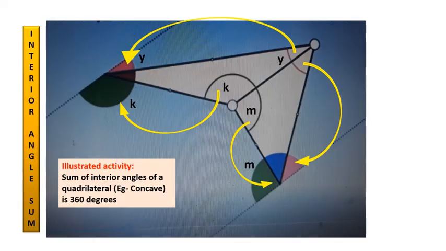Same way, you may be wondering if the quadrilateral is concave, will it be true? Yes, it will be true. Even if the quadrilateral is concave, the angle sum will be 360. Remember this. Observe carefully. I will give half a minute.